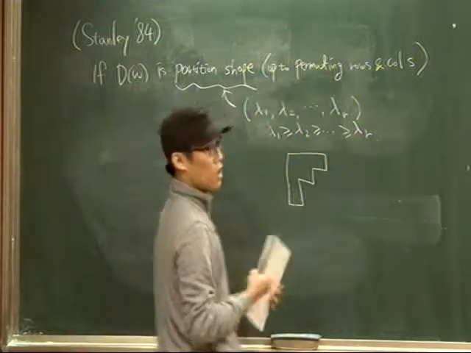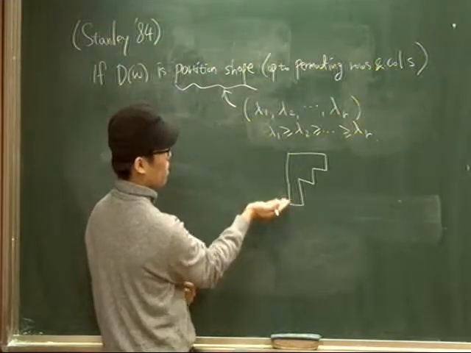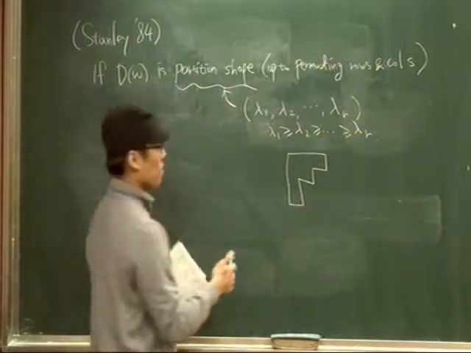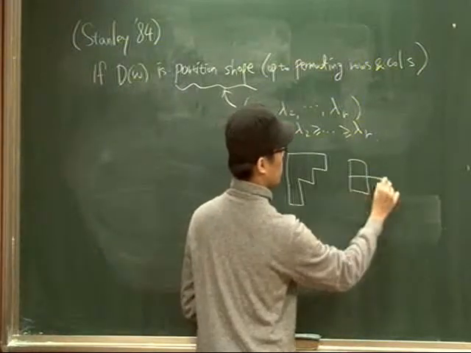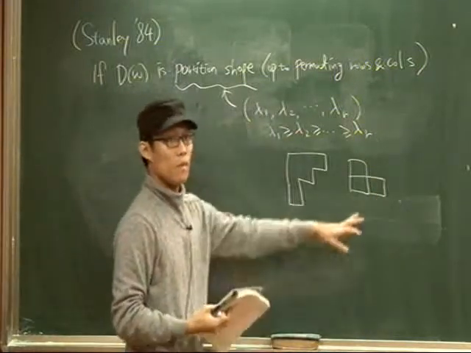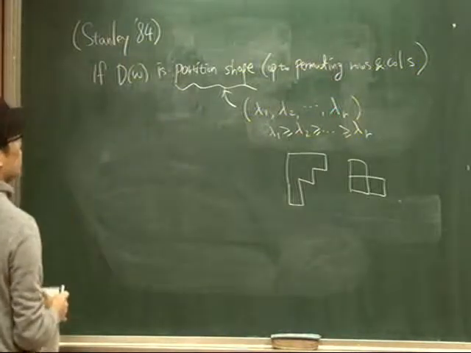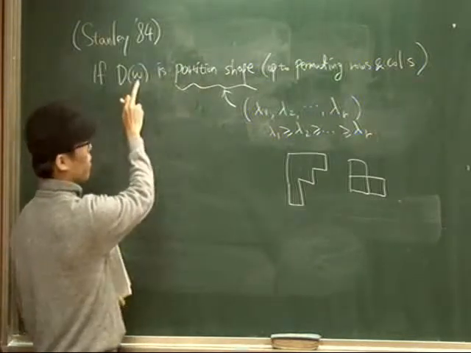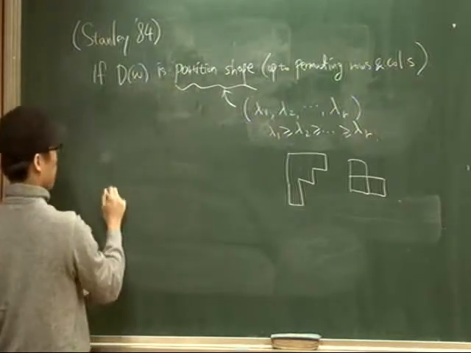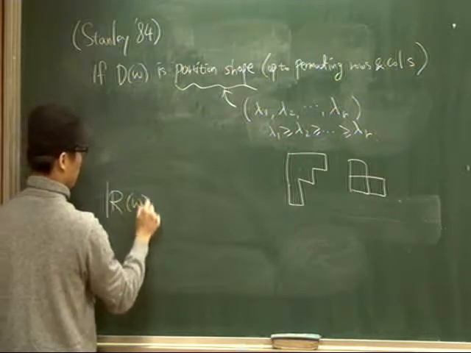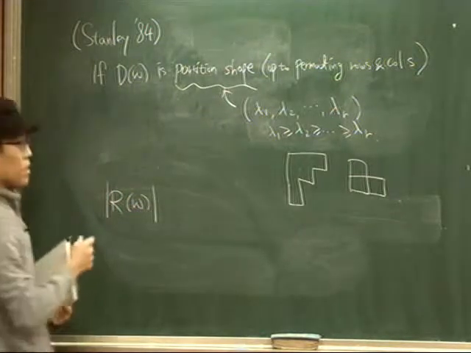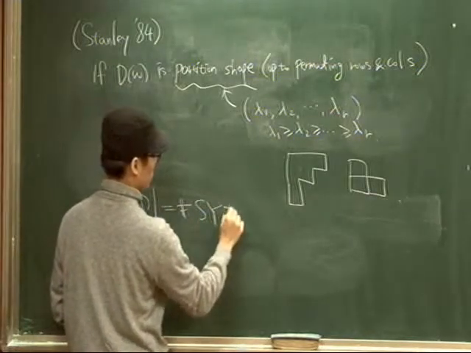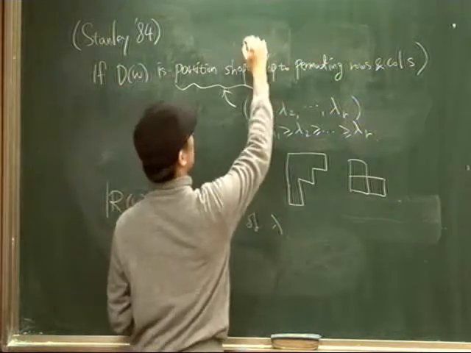Up to permuting rows and columns means we allow permuting rows and columns of this diagram. This is one example.